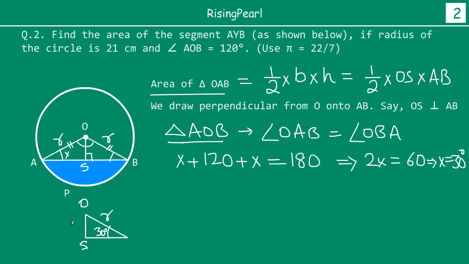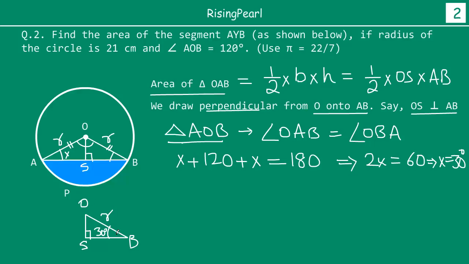We need to find out this OS. This is 90 degrees, because by construction we have drawn a perpendicular from O onto AB. So OS is perpendicular to AB. So this is a right triangle. OSB is a right triangle, right angled at S.